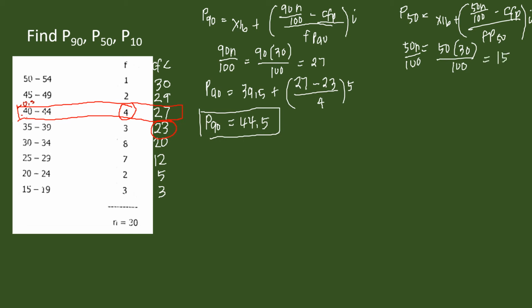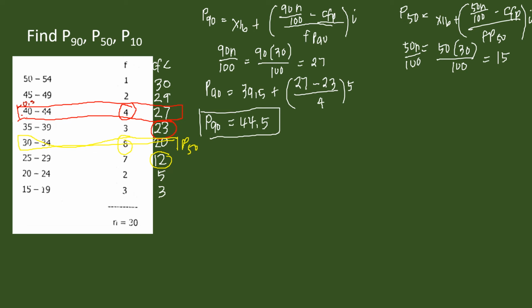And then we will box that 15 here. We can find 15 in 20. So this will be our P50 class. I will encircle 12 because it's the cumulative frequency preceding, and 8 because that is the frequency.